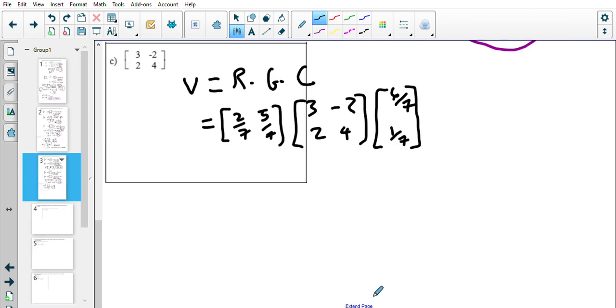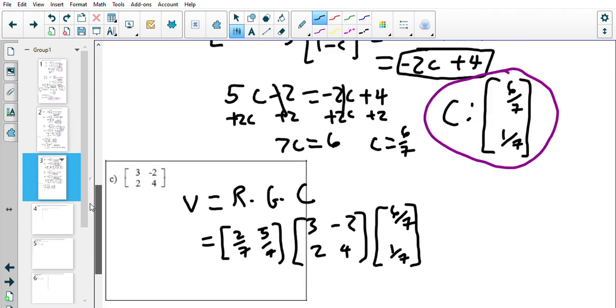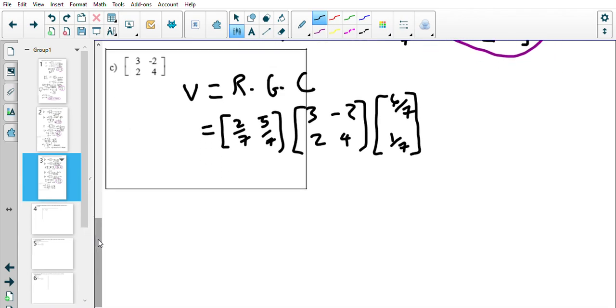And again, I'll go back to my handy dandy calculator. For A, we have our row 2/7, 5/7. For B, we have our game 3, -2, 2, 4.